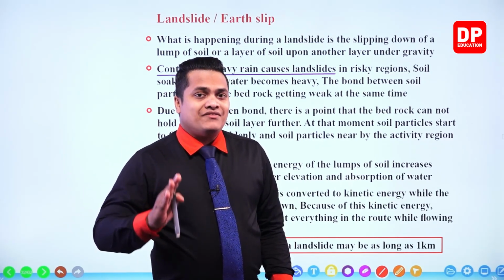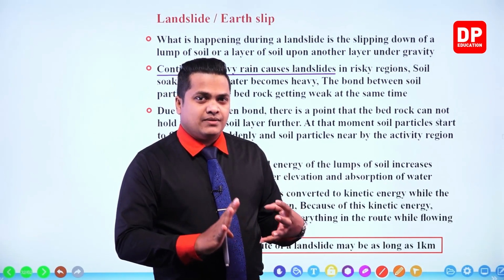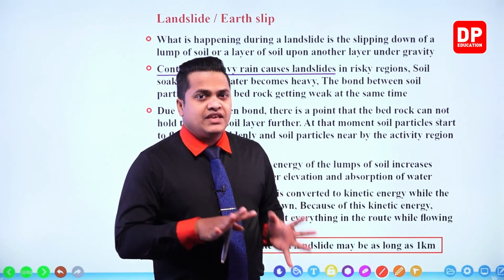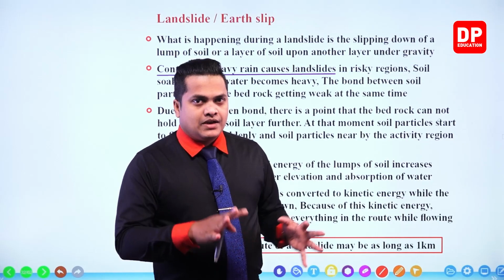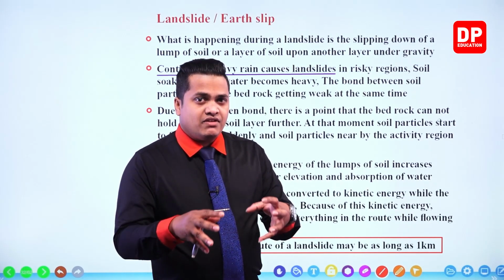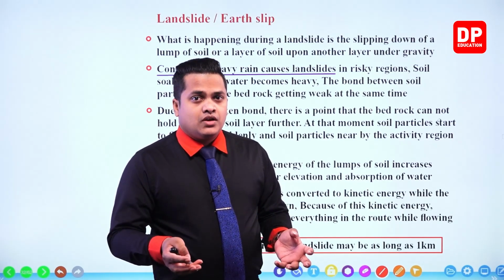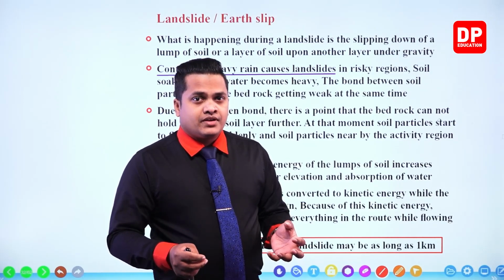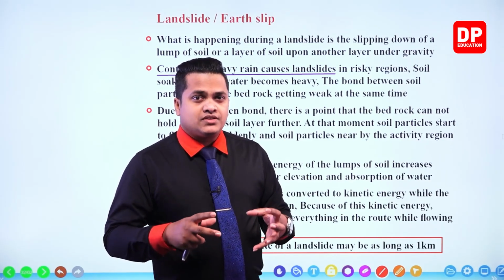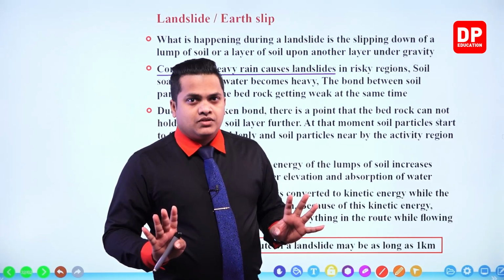And also the gravitational force acting on the particular soil layer is going to increase because of the elevation. Now when these two factors join with the heavy amount of rainfall, then my dear children, all the factors needed for the disastrous condition are now being fully fulfilled, right?